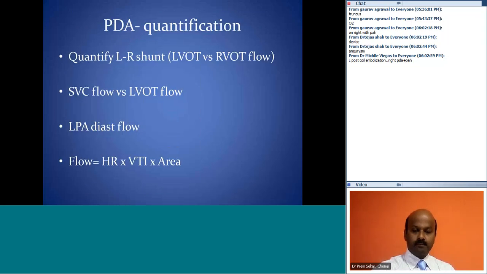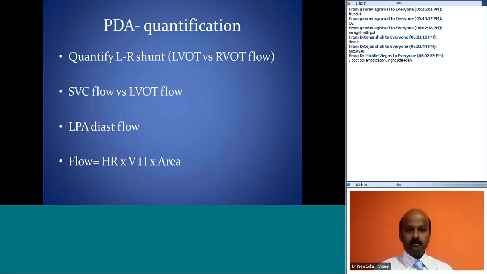Another way to quantify a ductal shunt would be by measuring the flow across the left ventricular outflow tract versus the right ventricular outflow tract, or the flow across the SVC versus the left ventricular outflow tract flow.